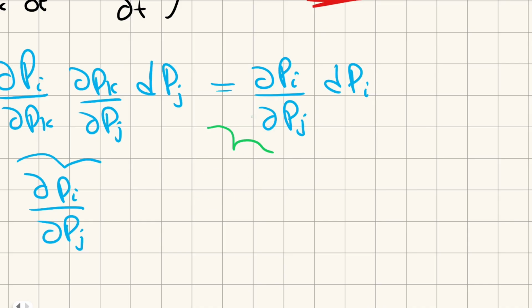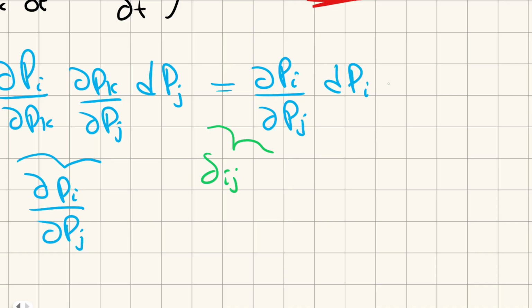But this means that this derivative is going to be just a Kronecker delta ij, right? Because it will be 1 when i is equal to j. That means we are taking the derivative of, for example, p3 with respect to p3, so that is equal to 1. Only when i is equal to j will we have something different from 0, and when i is different from j, we will get 0 all the time.